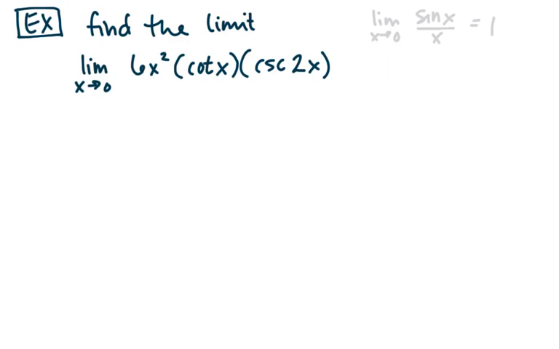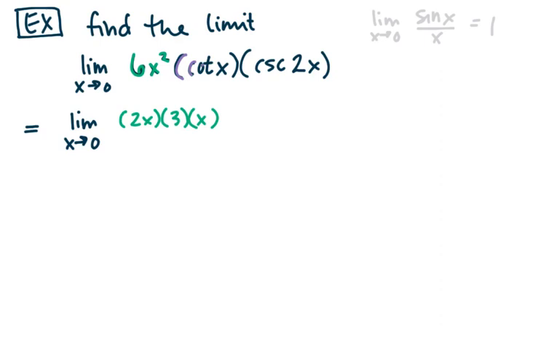So at this point, we begin to get creative with our manipulation. We're trying to figure out how to develop sine x over x. So I've got the limit as x goes to 0. Now, 6x squared, I can factor that, and I could rewrite that as 2x times 3 times x.